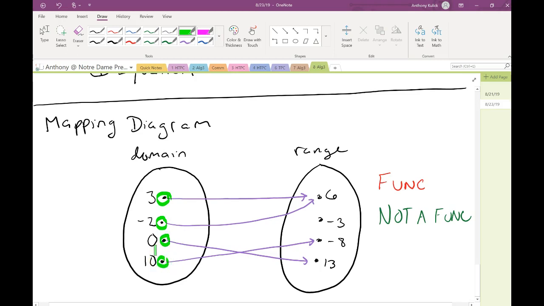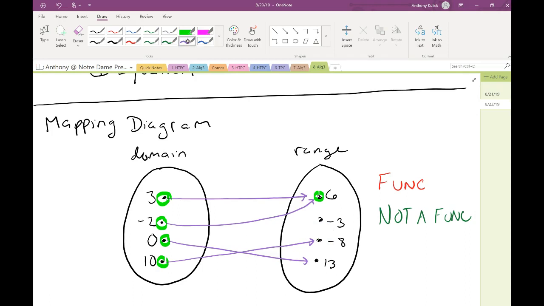They all go somewhere. Everybody agree? Next, we need to make sure that they only go one place. 3 only goes to 6. -2 only goes to 6. 0 goes only to 13. 10 goes only to -8. Is this a function?